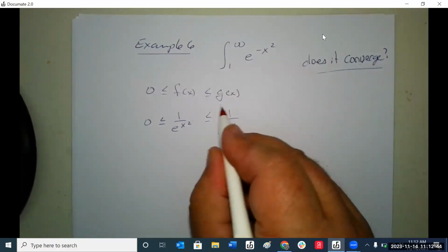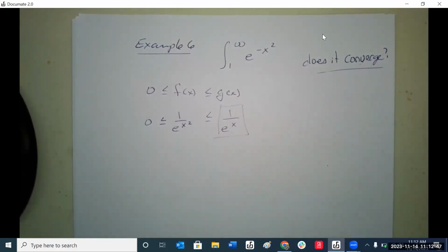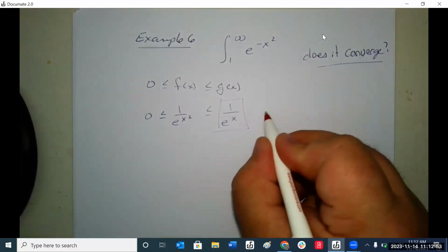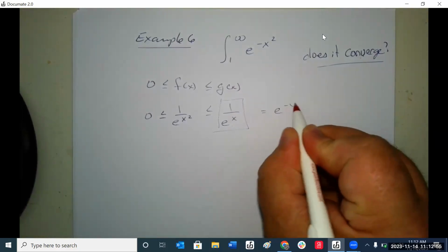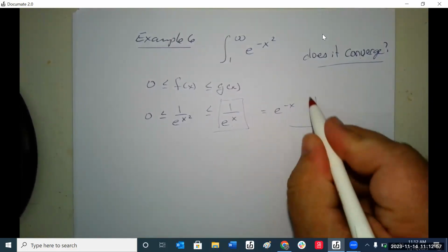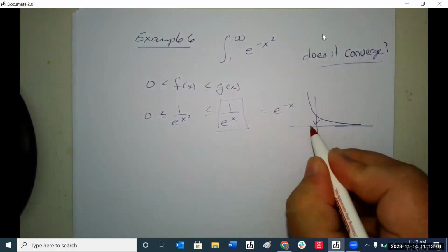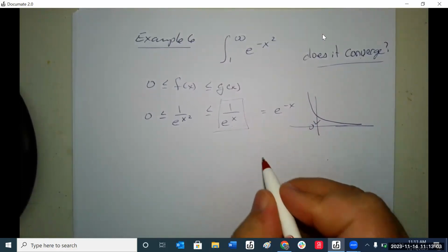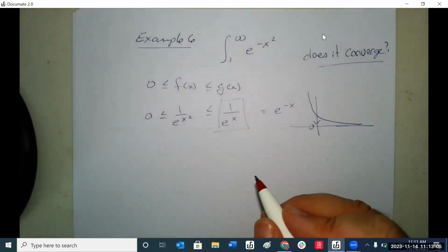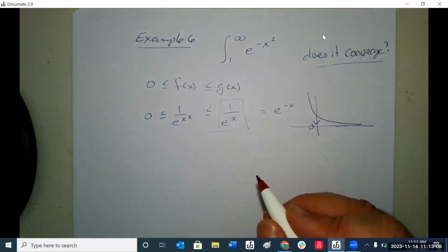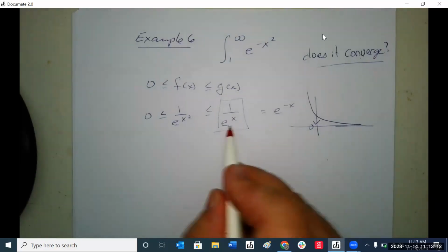Now we have to test, does this converge? It's getting closer and closer to 0. So yes, we can say that this function converges because this one converges.